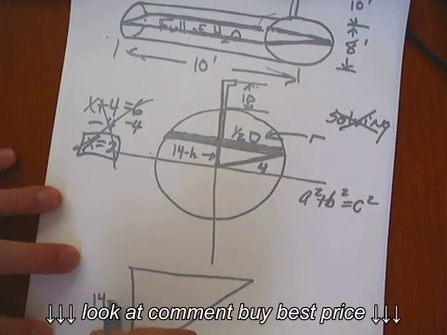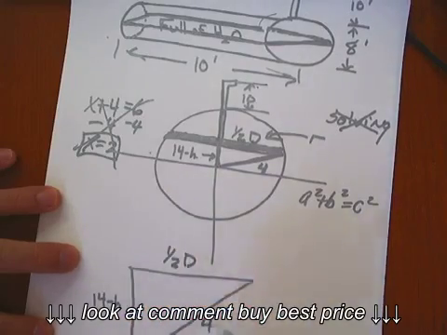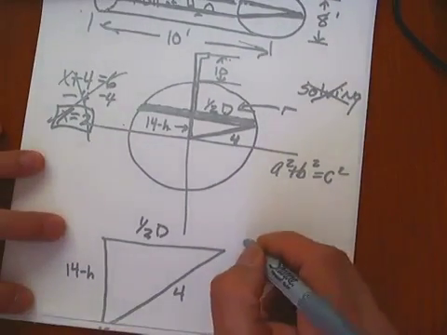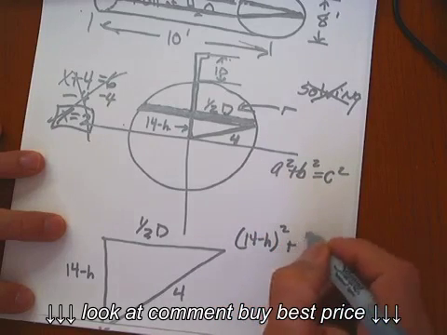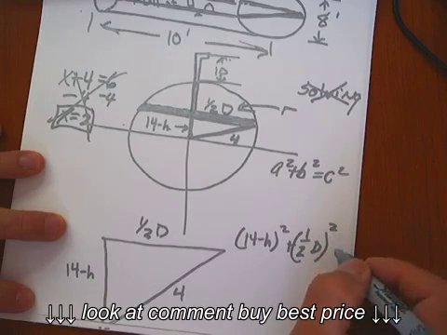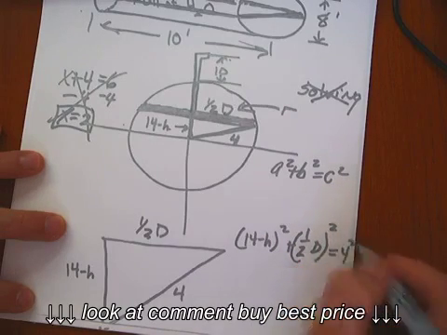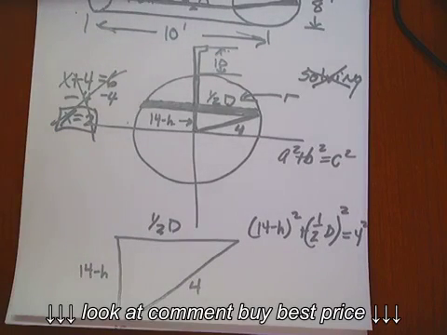So if you put it in the Pythagorean theorem, here's your 14 minus h, here's your 1/2 d, and here's your 4. Then (14 minus h) squared plus (1/2 d) squared is equal to 4 squared.